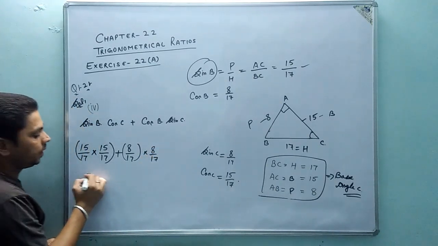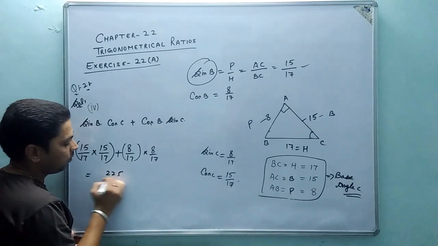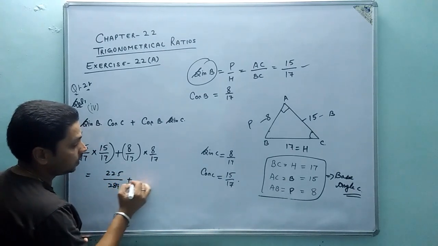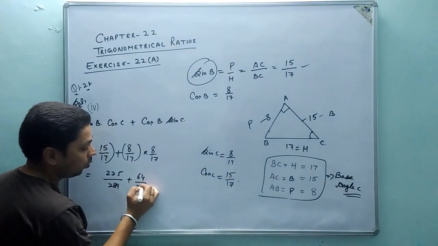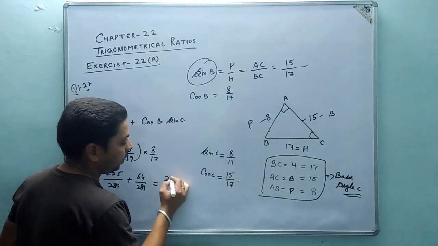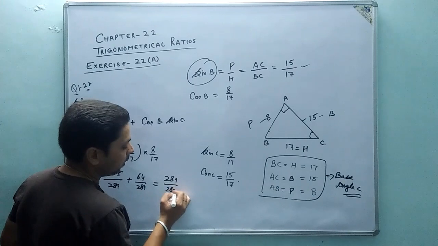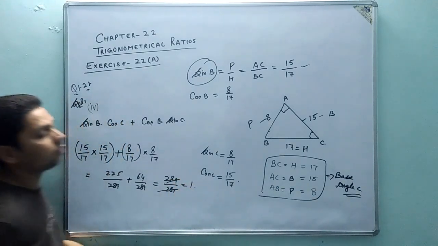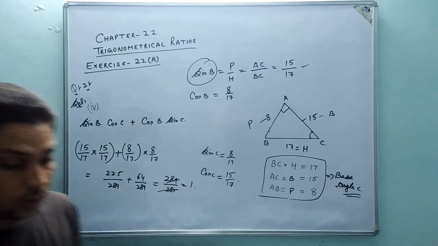Multiplying, it will give you 225 over 289 plus 64 upon 289. This is equal to 289 upon 289, and cancelling it, this is again equal to 1.